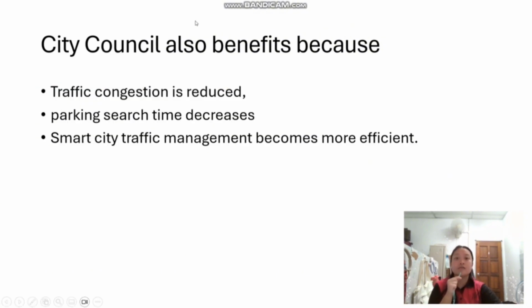The city council also benefits because traffic congestion is reduced, parking search time decreases, and smart city traffic management becomes more efficient. Overall, the net present value, or NPV, remains positive for the major actors in the network.